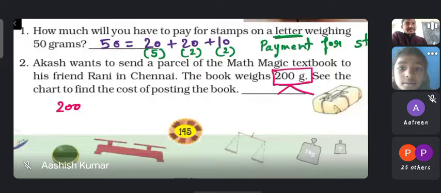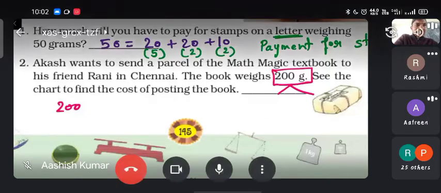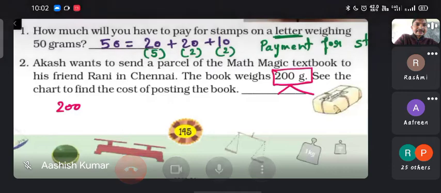So for the 200 gram parcel we split it into 50, 50, 100, then 50 makes 150, and another 50 makes 200. I think my screen is not visible.